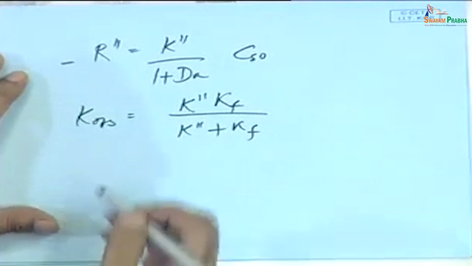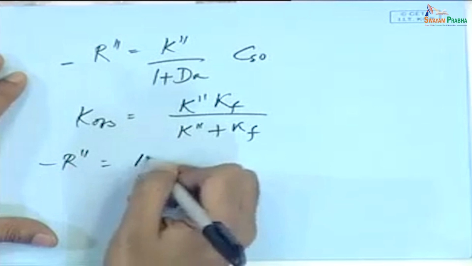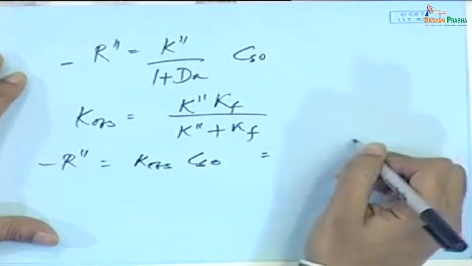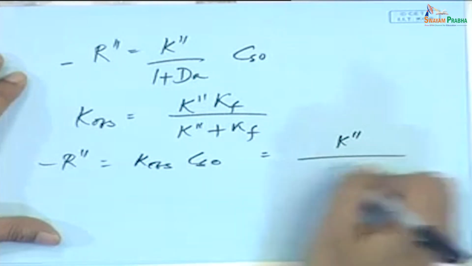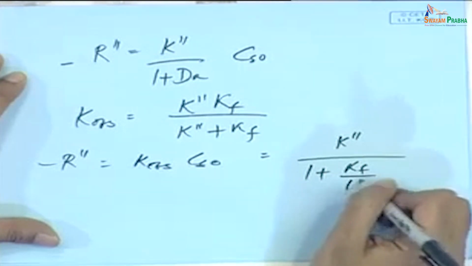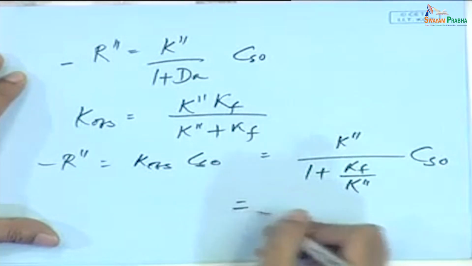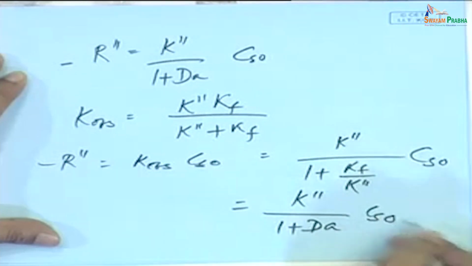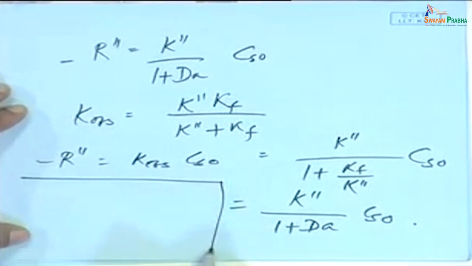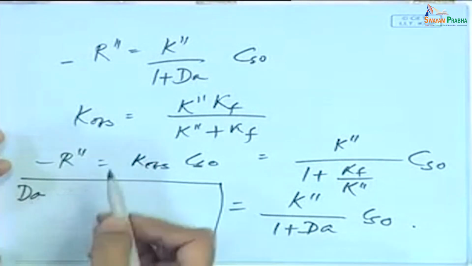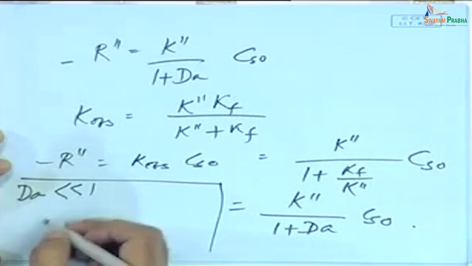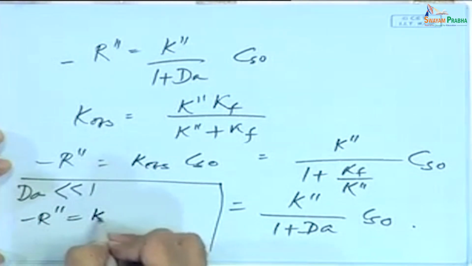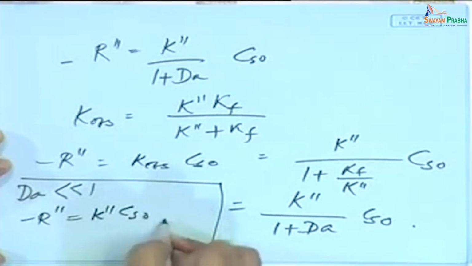So, my R equals K observed times Cs naught, which equals K double prime over 1 plus Da times Cs naught, right. In this, if Da is much less than 1, then my R double prime goes to K double prime Cs naught. Is it clear?